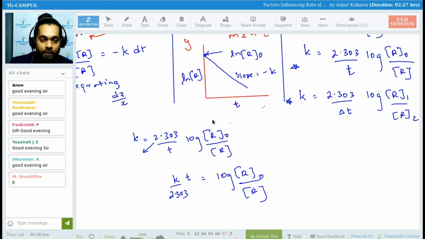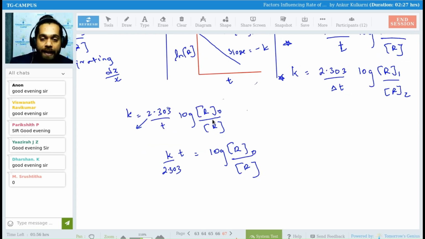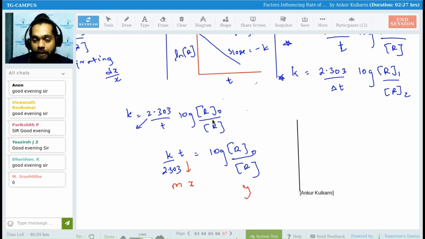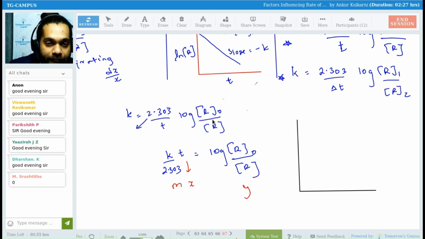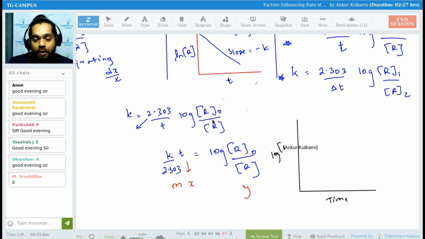So over here, this is my x, and this is my y. If I plot a graph, my x-axis is time and y-axis is log of R naught over R. From where should my graph start?